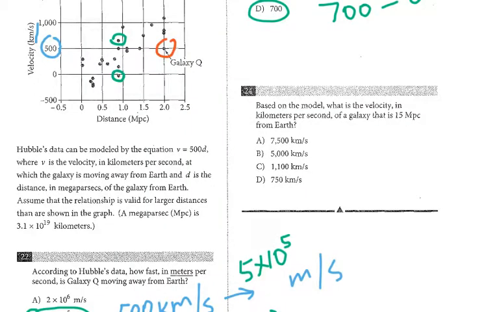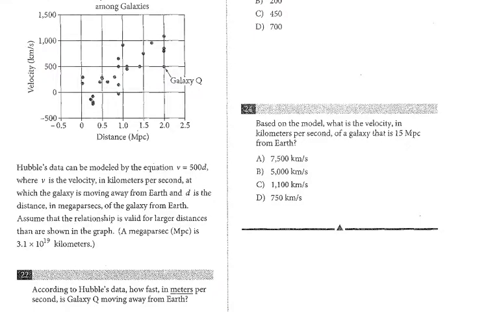For question 24, you need to predict the velocity when distance is 15 mpc. First of all, you need to draw the best fit line like this. Then choose 3 points from this line, and then go to the stat.